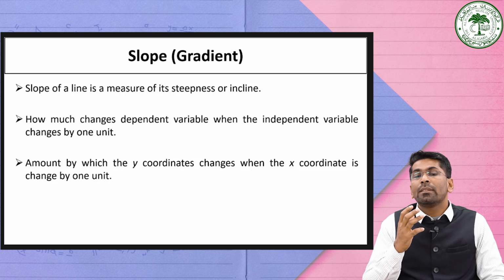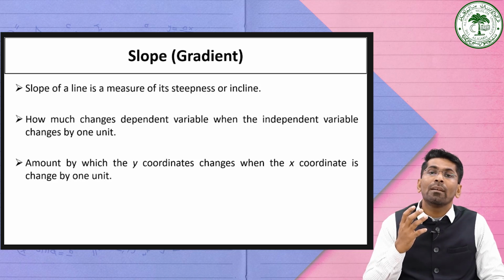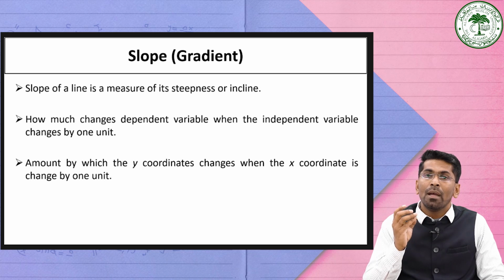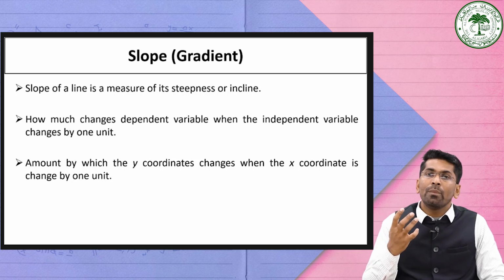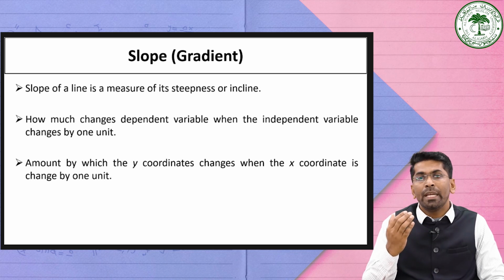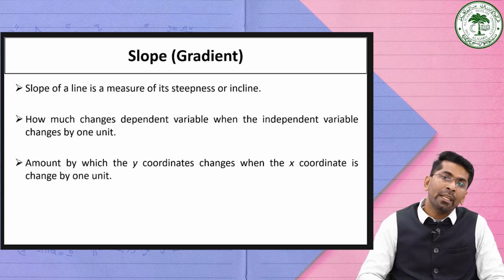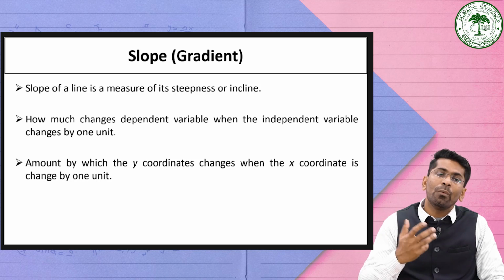The slope is synonymous with the marginal concept, that is marginal utility, marginal revenue, marginal cost. These terms are very popular in economics. So this slope captures the marginal concept, that is the rate of change in one variable due to a change in another variable.